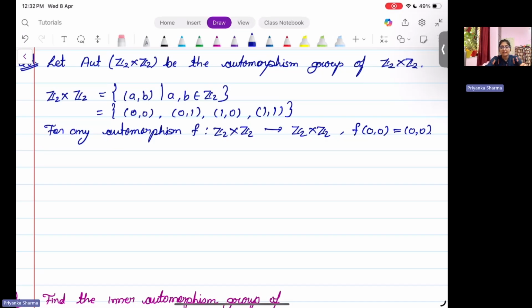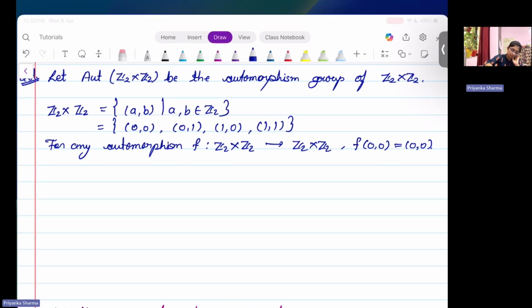So now we have these three non-identity elements. So this 0, 1 can be mapped either onto 0, 1 itself or 1, 0 or 1, 1. Now what about the second element, 1, 0? This can be mapped onto the remaining two choices. And the image of 1, 1 can have only one choice.